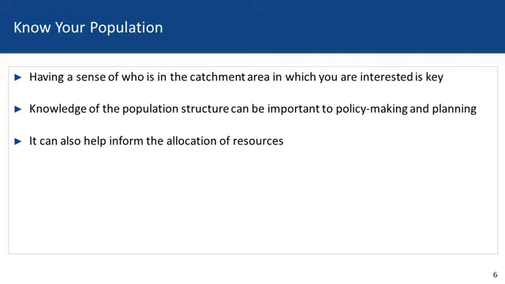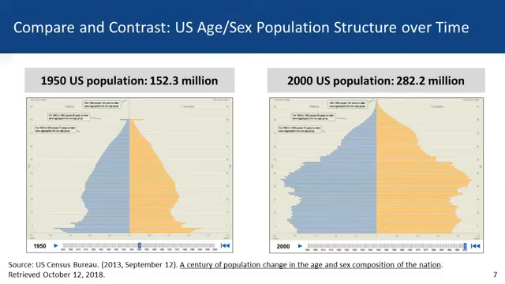These two figures come from the U.S. Census, which compare the population in the U.S. in 1950, which was approximately 152 million people, to the population in the U.S. in 2000, which was just over 282 million people. If you look at the figure from 1950, you can see that there was a heavy distribution of individuals under the age of 5 compared with the number of individuals at the other age groups.